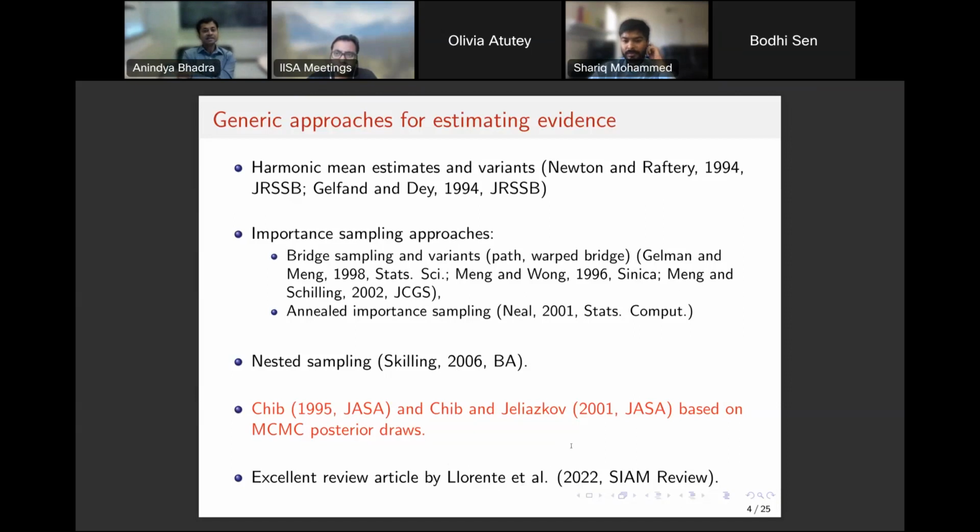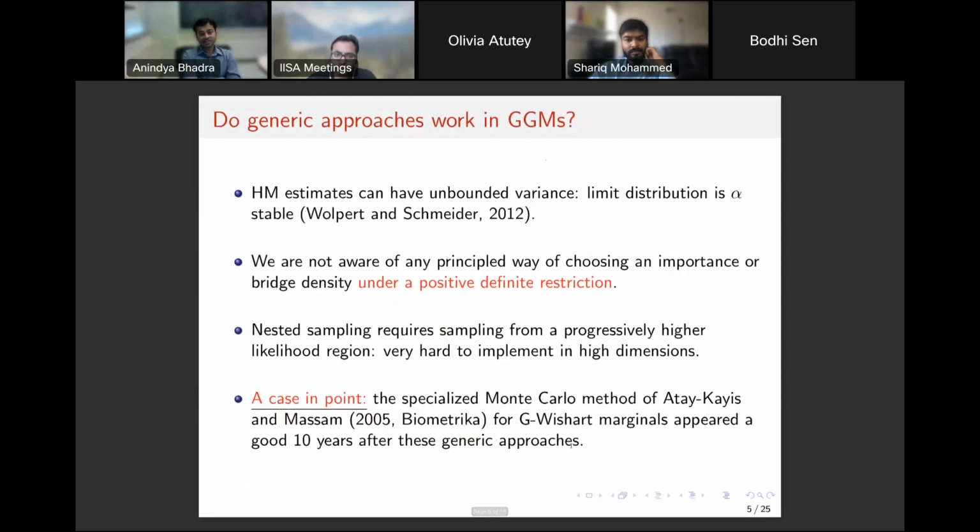So these are some of the generic approaches, but the question is, do these work for GGMs? Let's see. The harmonic mean estimate, as we know, can have unbounded variance. That can be shown theoretically.